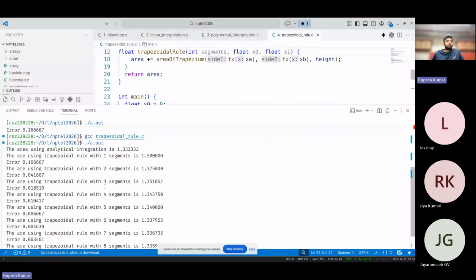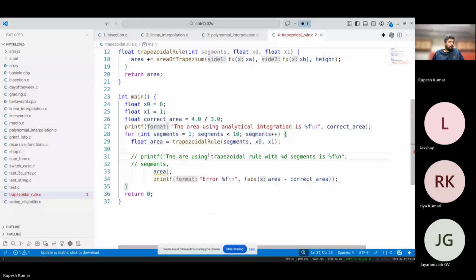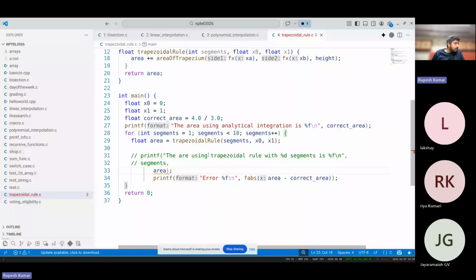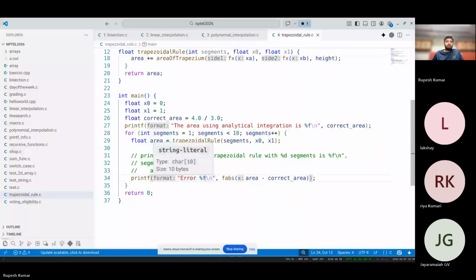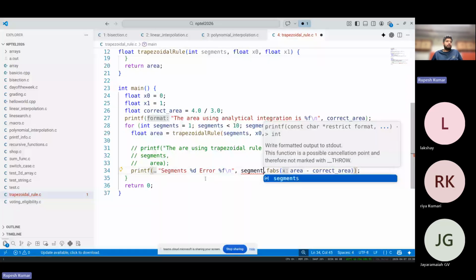So let's just see the error here, right? You can see as we increase the number of segments, the area error decreases, right?